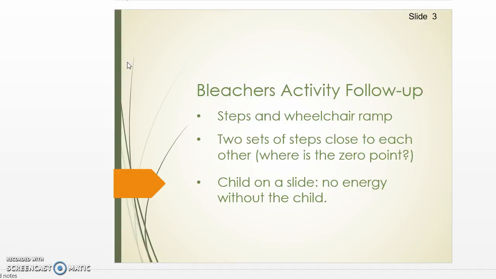Then you show the slide again, but this time you have a child sitting at the top, and you can say, well, now the child has energy, but without the child there is no potential energy, there is only gravitational potential. I thought that was nice. It's simple, and it vividly conveys the difference between potential and potential energy.